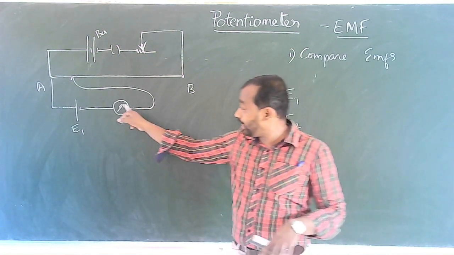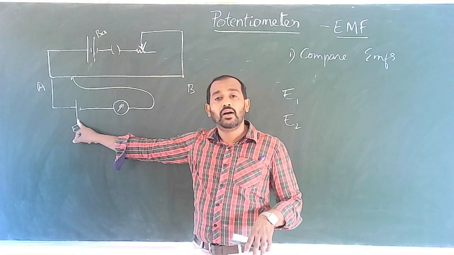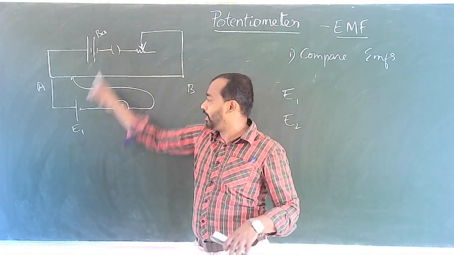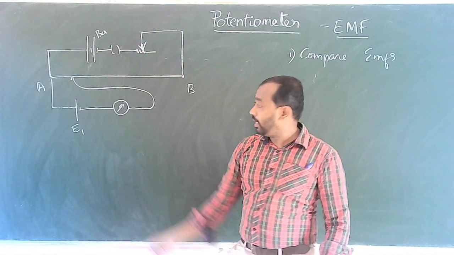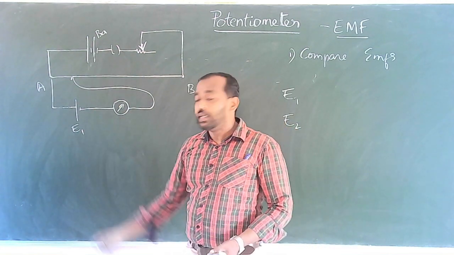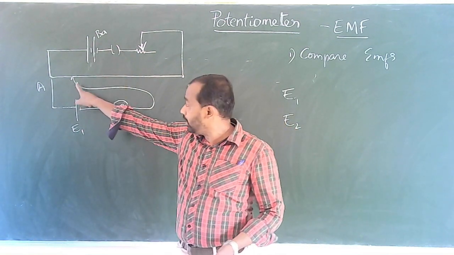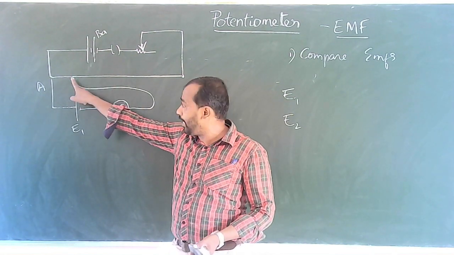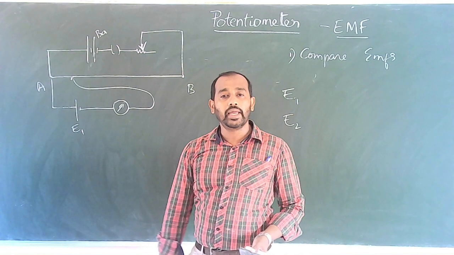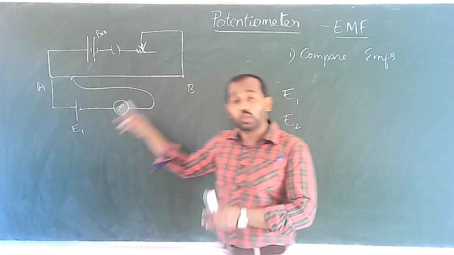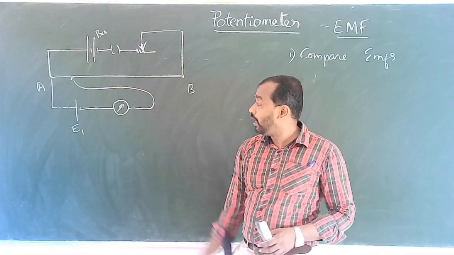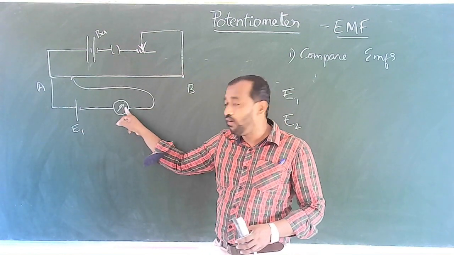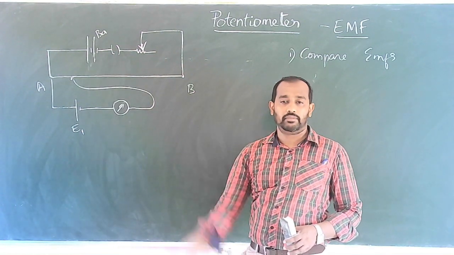That current flowing in the galvanometer is due to the cell E1, not due to the battery. Now we have to make an adjustment such that the jockey is slid over the potentiometer wire from the starting point towards the end point until the deflection in the galvanometer reaches 0.